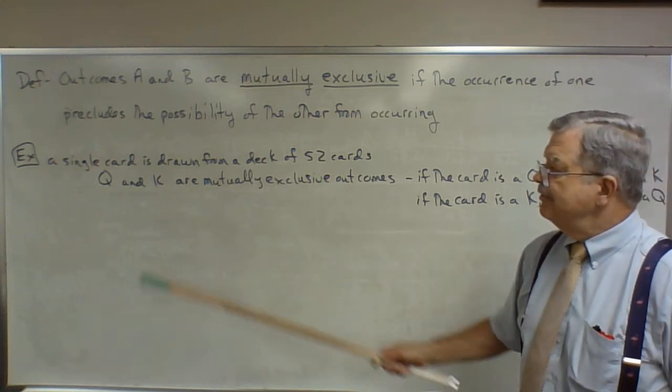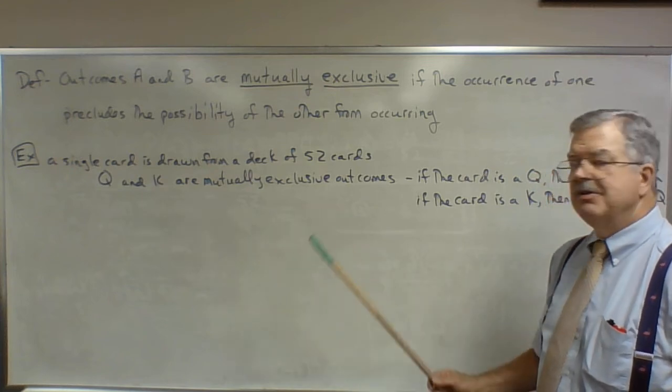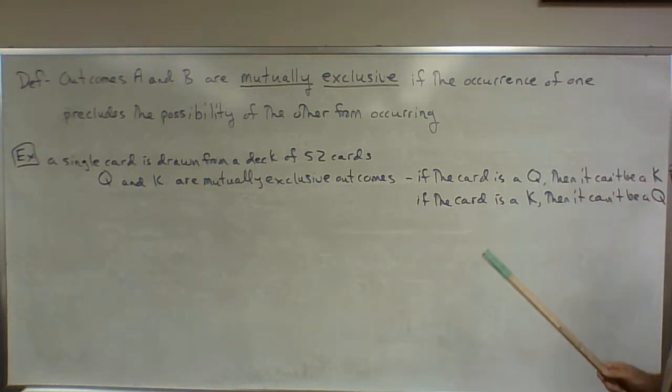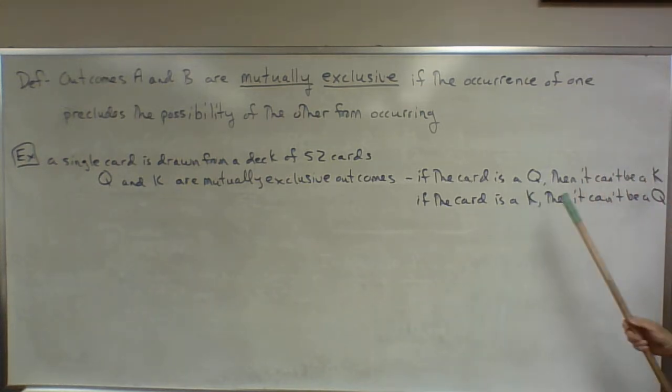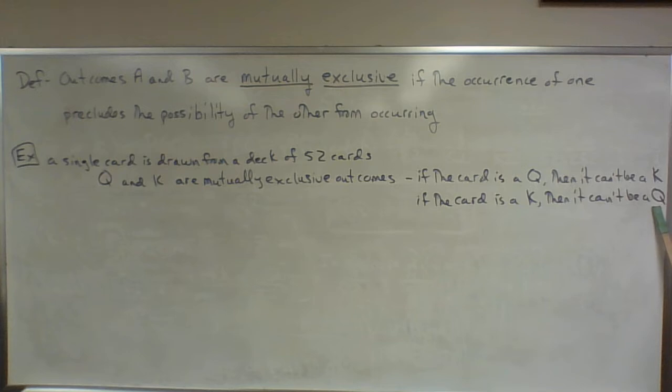From our previous example, queen and king are mutually exclusive outcomes. We draw a single card from a deck. If the card is a queen, then it can't also be a king. If the card is a king, then it can't also be a queen.